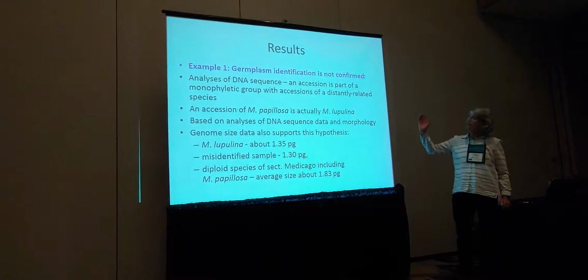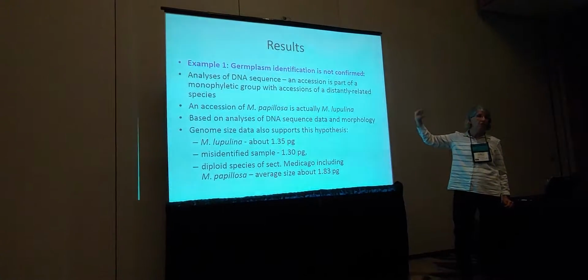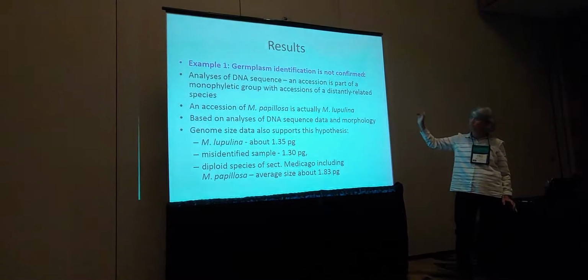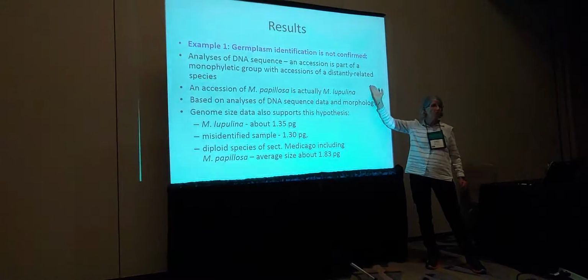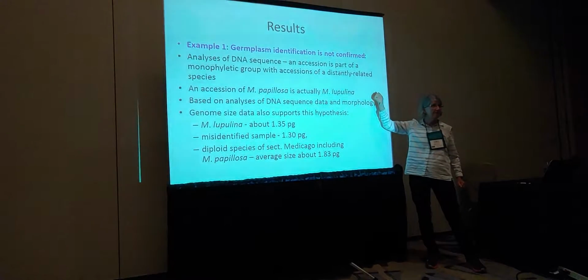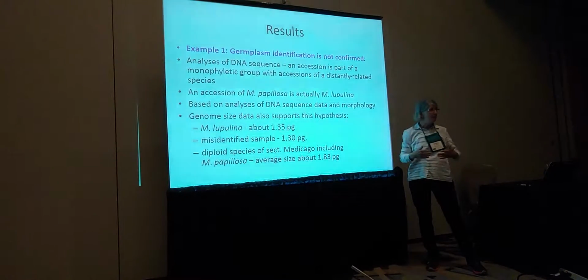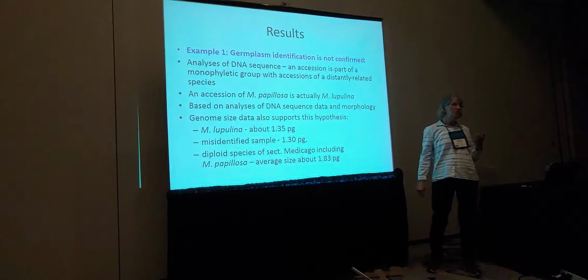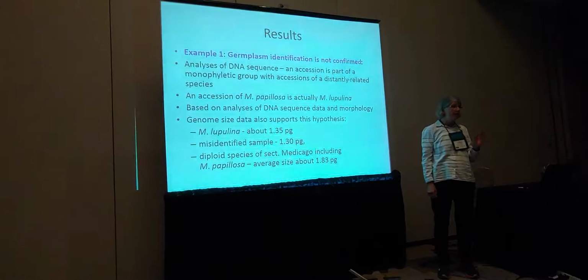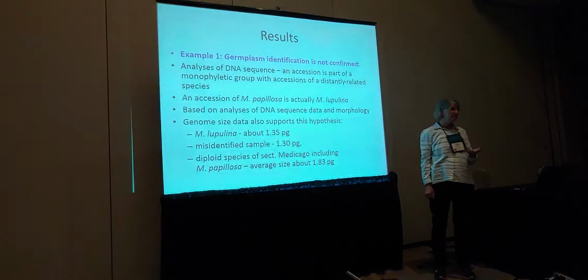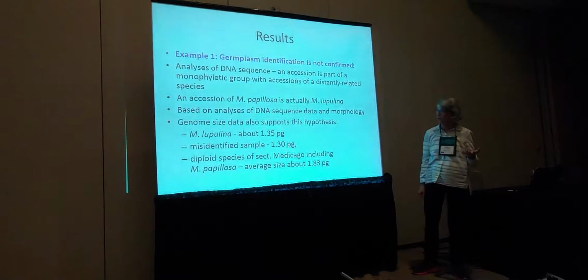Okay, now we can think of one example here. We'll have a couple of examples of misidentifications. Here's one where it's really obvious. The accession goes into a monophyletic group with other species, and the genome size is consistent with that. And so initially, the genome size is so different from what we expected that right away we suspected that this was not the species that we thought it was.